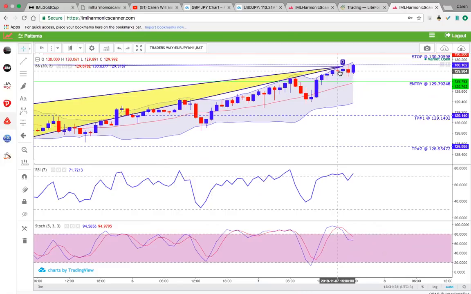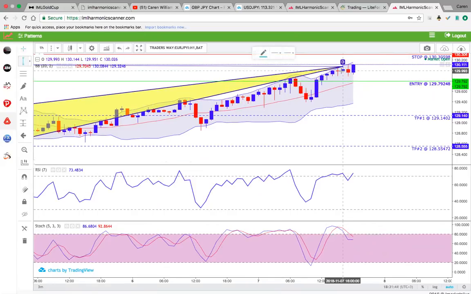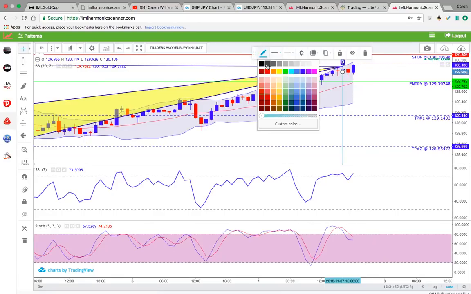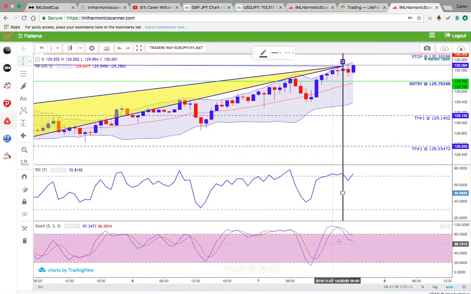So at this moment, I would say not as yet, because let me get my vertical lines to show you. We need to make sure everything is aligned. We know the harmonic scanner is calling a sell. So do we have everything else lining up?